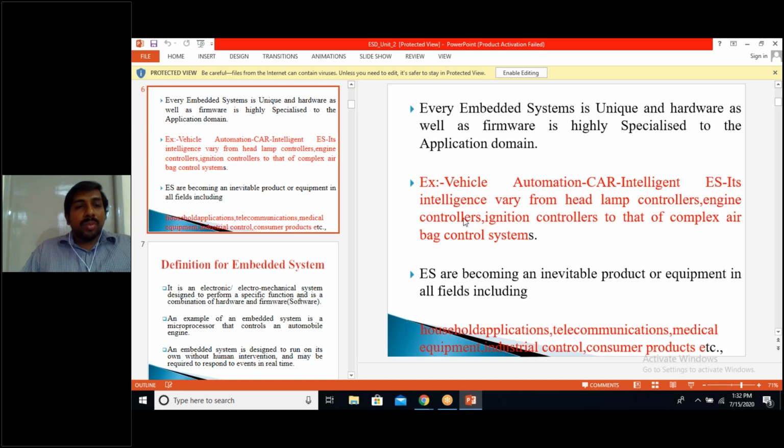So you can define an embedded system as a combination of hardware and software, and it is an inevitable product used in all application fields like household appliances, telecommunications, medical equipment, industrial control, consumer electronics.